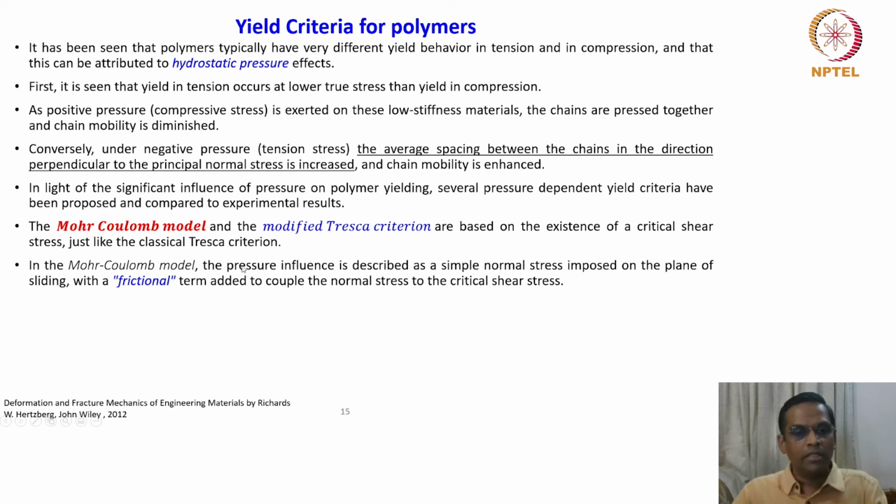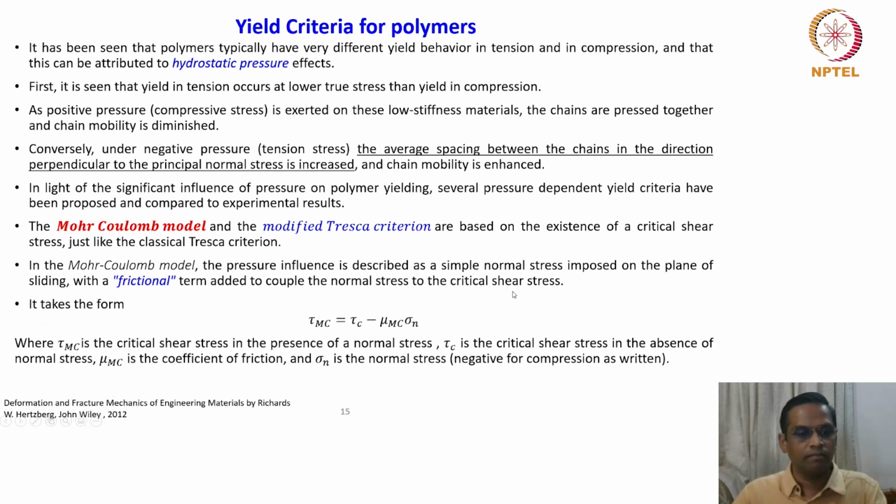So this model brings the pressure influence where the normal stress is imposed on a plane of sliding. So we are talking about molecular chains which are sliding, with the frictional term added to couple the normal stress to the critical shear stress.